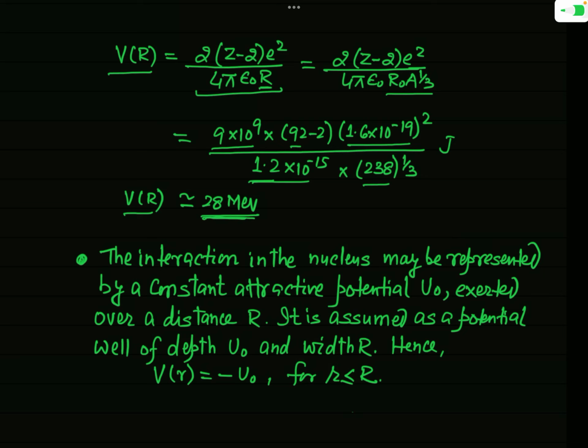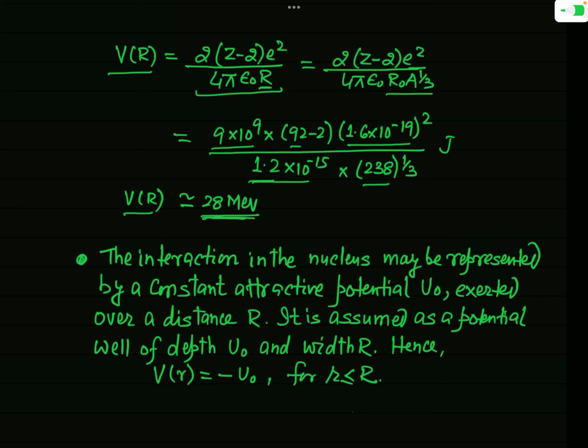Now we will talk about the interaction inside the nucleus. Inside the nucleus there is only attractive interaction, that is, the attractive nuclear force. So we can assume that there is a constant potential energy that will be negative because the interaction is attractive. So inside the nucleus the potential energy is constant and negative.